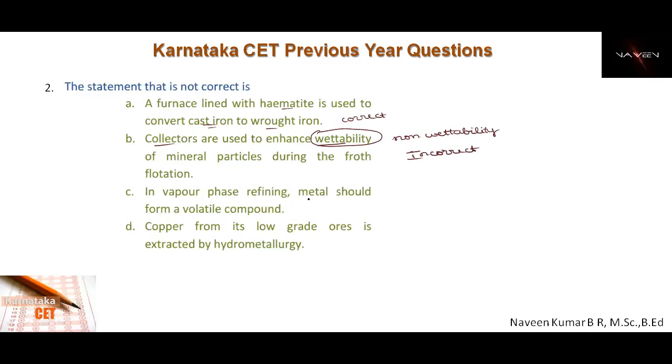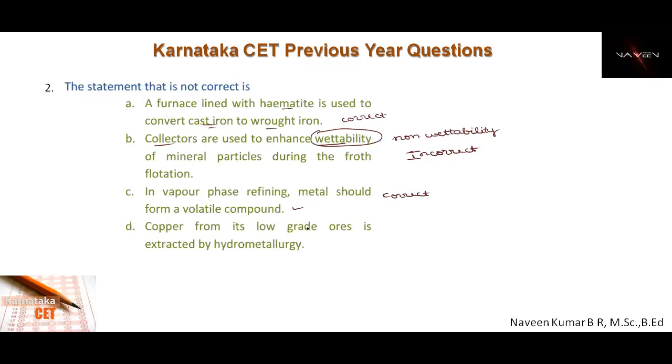In vapor phase refining, metal should form a volatile compound. So whatever the conditions of vapor phase refining, the metal should easily form a volatile compound with a given chemical substance, and decomposition of the metal complex should be easy to obtain the metal back. So the given information is correct again.